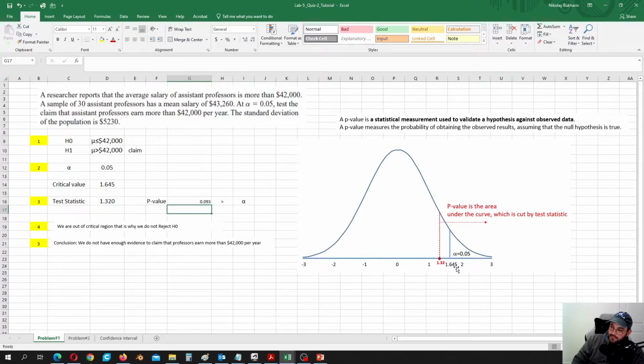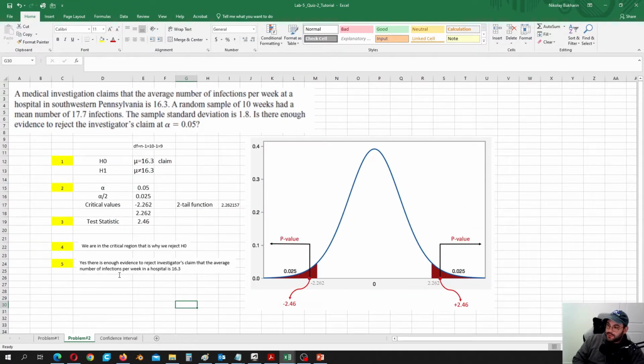We leave our significance level, and then we take our test statistic, calculate the area, and compare areas. If the area is greater, that means we are out of the critical region. If it's less, we are within the critical region. So let's save it, and let's go for problem number 2.